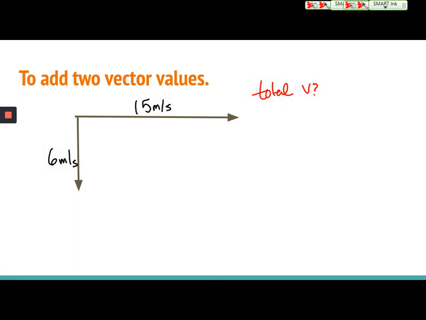Well, first of all, you can't add them the same way you would add normal numbers. Is it 6 plus 15? Is it 21? No, because it's not that simple. When we're talking about something like this, what you need to do is consider the directions they're going.